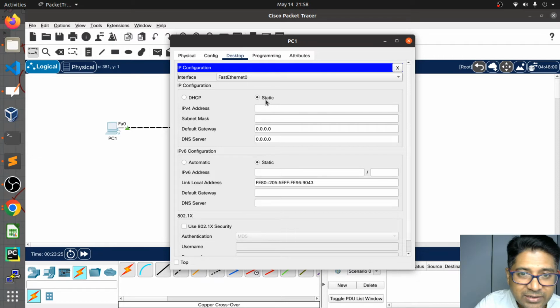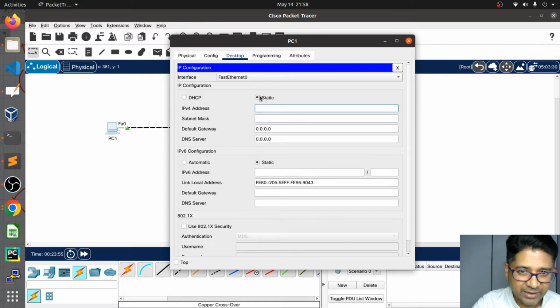Static, which we have to do manually. Second, the option of DHCP, which is dynamic. If there is neither static nor DHCP, both options are absent, so who is going to configure? That time the role of APIPA comes. First we will see the static one.